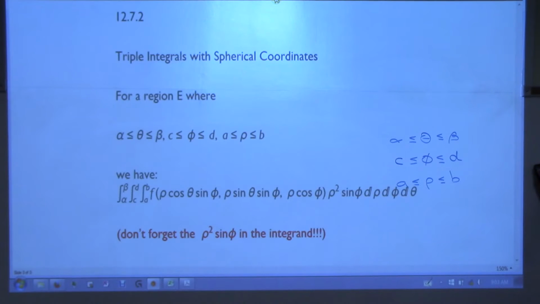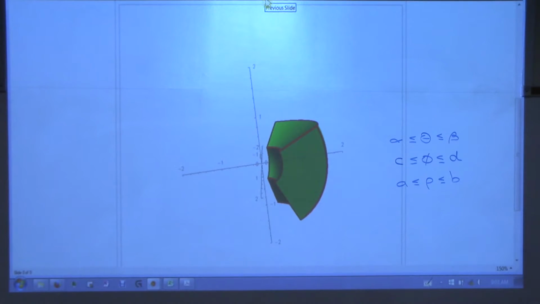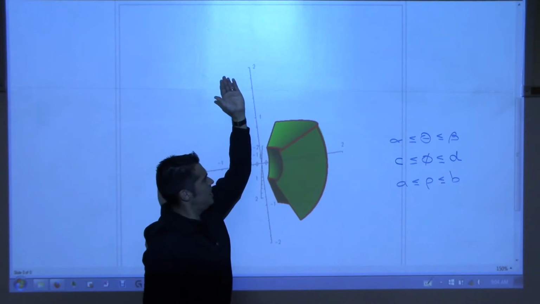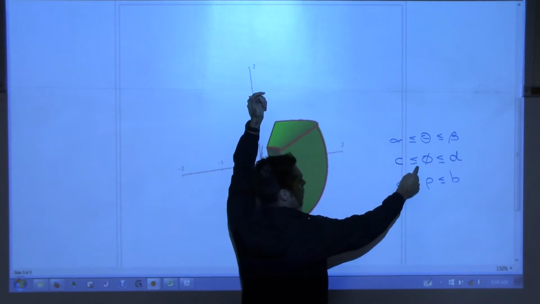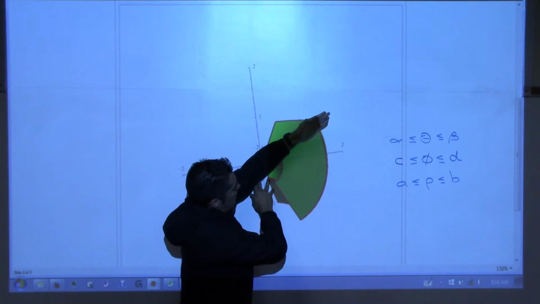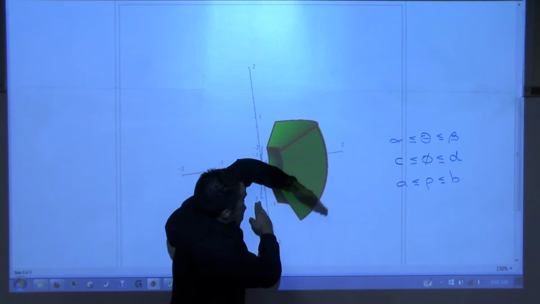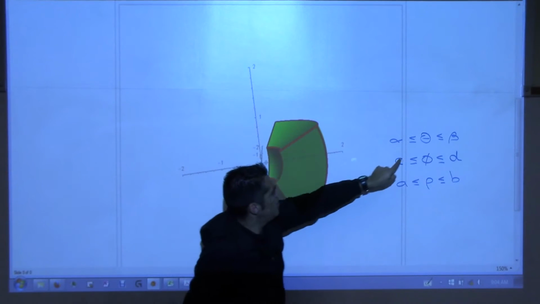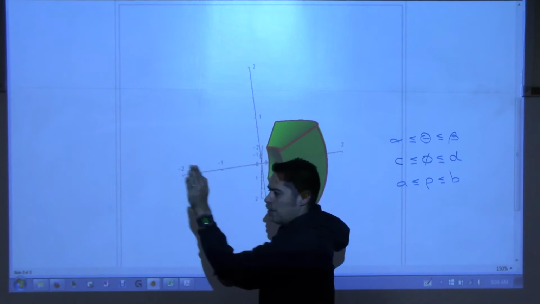So let me explain that with this picture. Now we're looking at this kind of from the side. So what I've done is I've said, all right, look, I'm going to start pointing up the z-axis. This is going to be phi. What I want is to restrict my phi between two constants. So let's say that's C, and then I can let phi be anything between C and all the way down to D. So that gives me all of this swing of angle here. But my theta is between alpha and beta. So my rotation, once I swing down, I have to start rotating around like this.